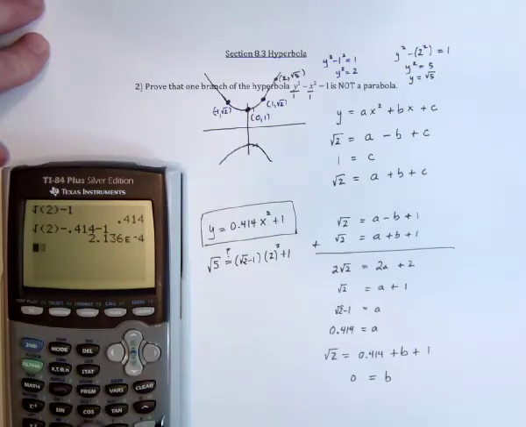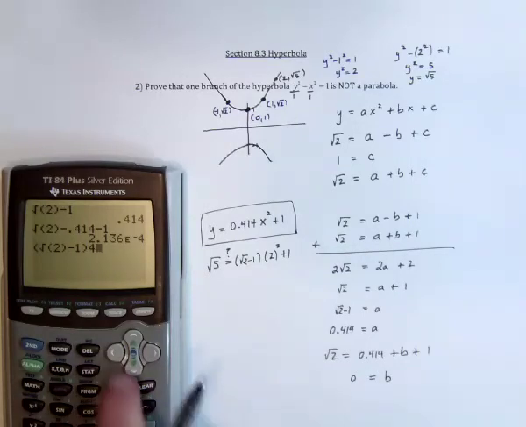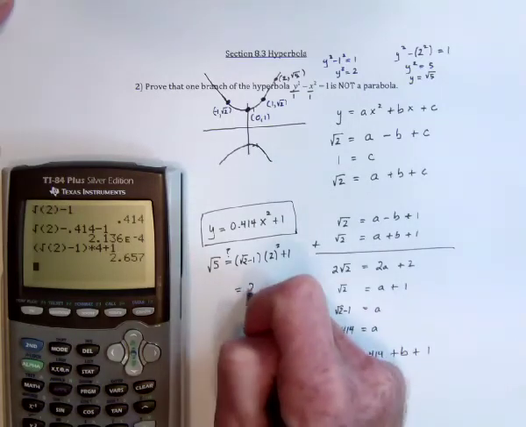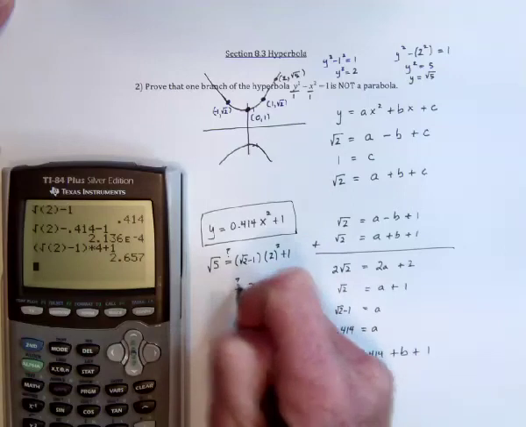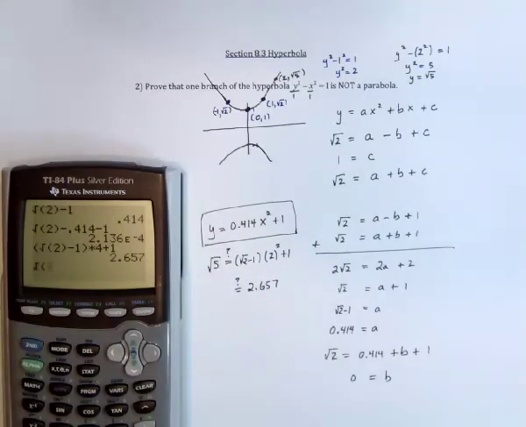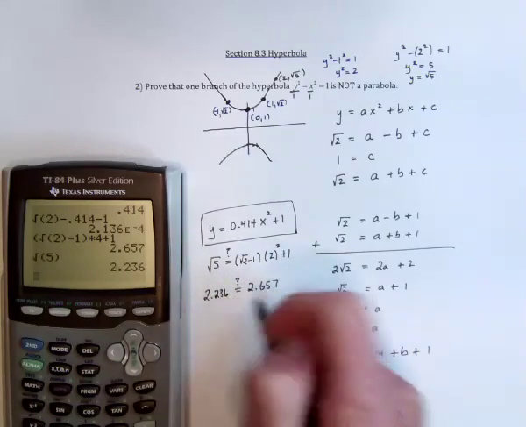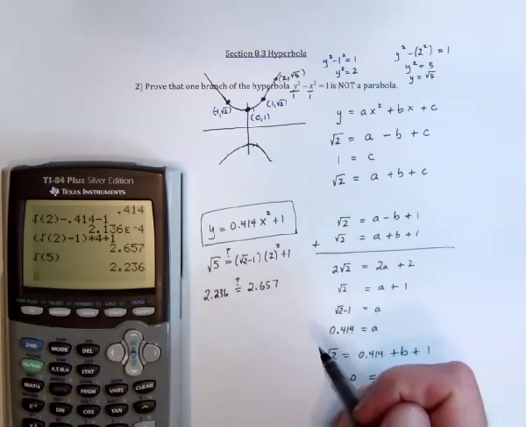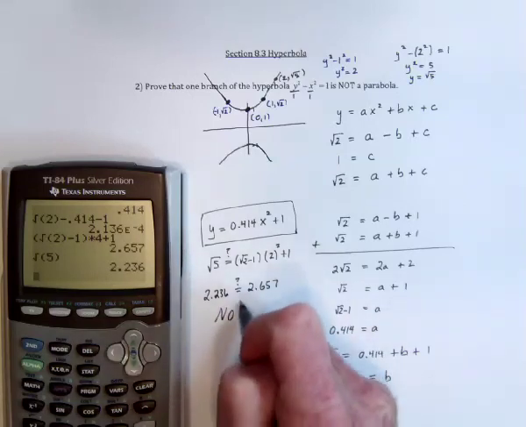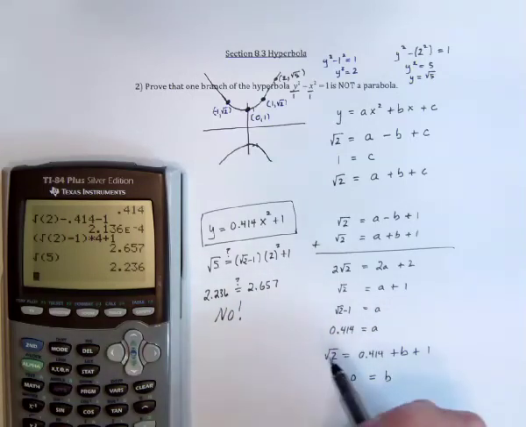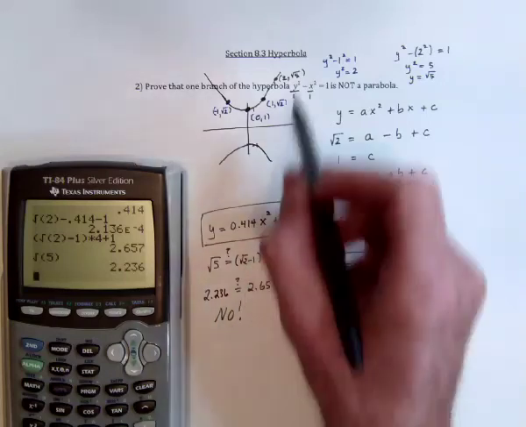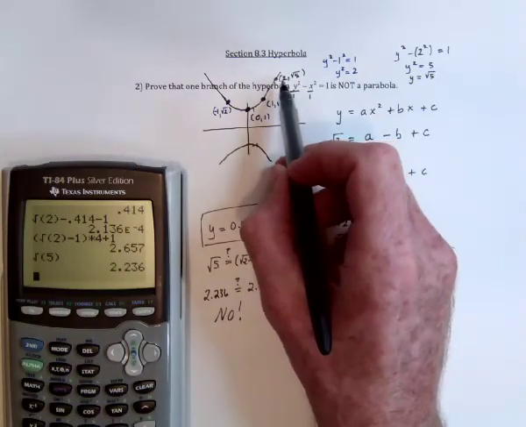It's going to be the square root of 2 minus 1 multiplied by 4, and then add a 1. So a 2.657, does that equal the square root of 5? No. 2.236, it's not really even close. So there's the proof. The only parabola that will go through there does not then go through that point, which the hyperbola does.